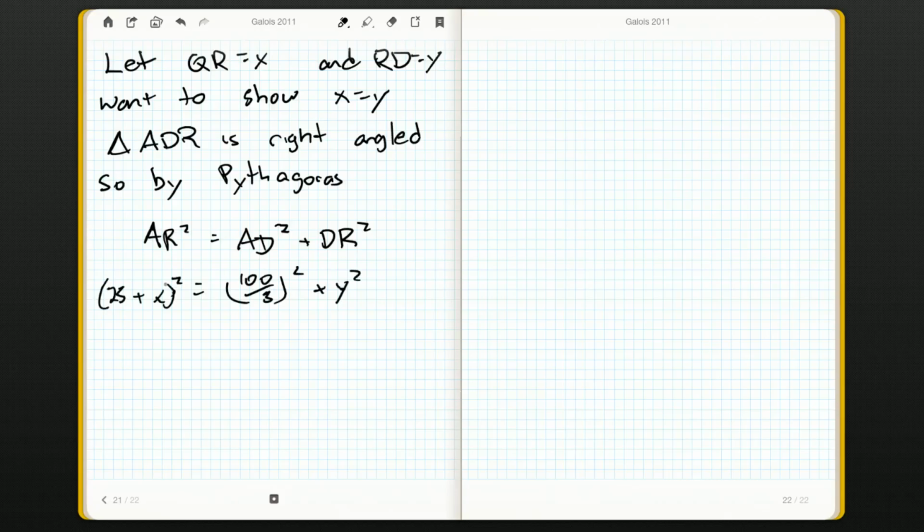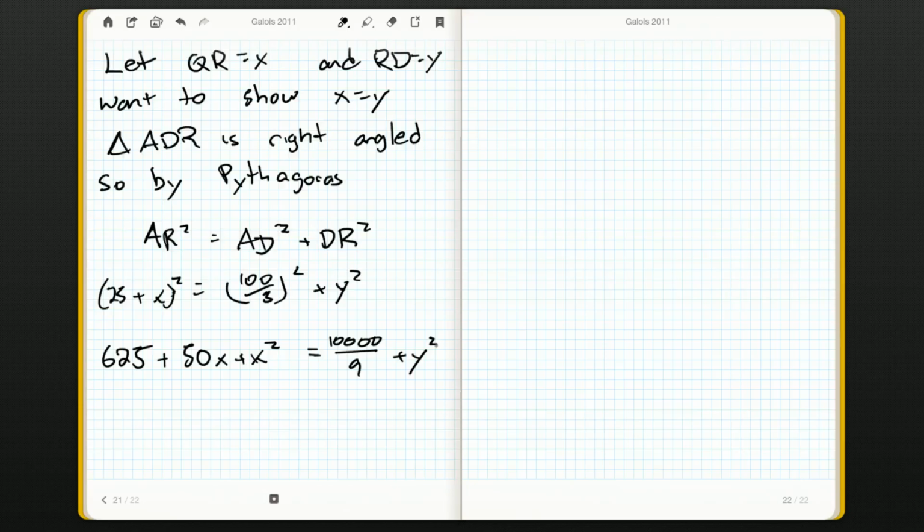Okay. Well, the left-hand side, we can FOIL that out. We'll get 625 plus 50 times X plus X squared is equal to 10,000 over 9 plus Y squared. Okay.